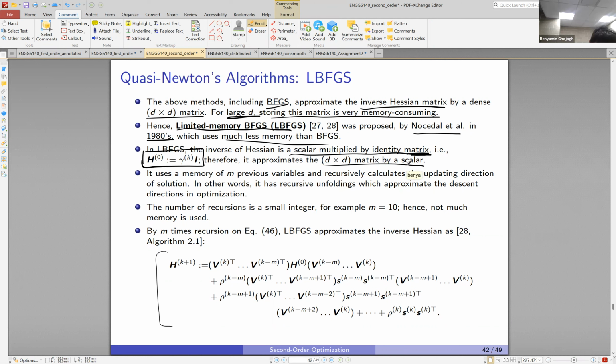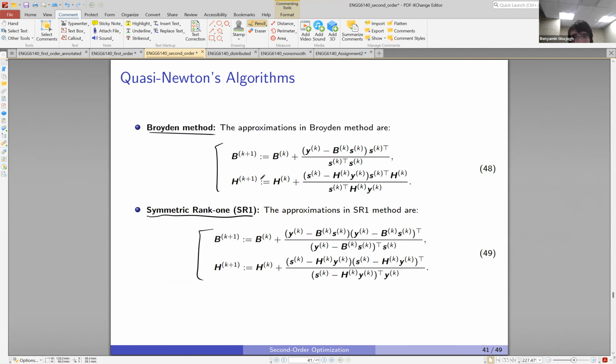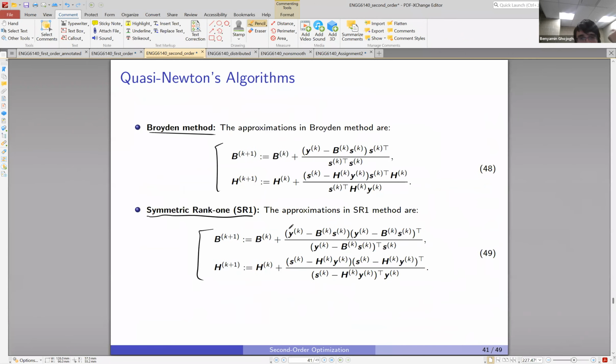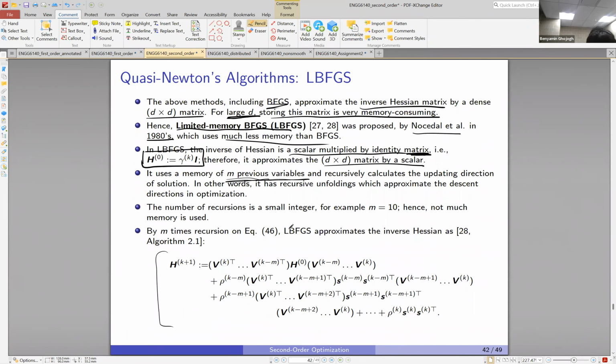It uses the memory of M previous variables. The difference here is that in BFGS, we are using the memory of only the previous B or previous H, right? Only one memory back. But LBFGS says, let me use the previous M steps back, more steps back.